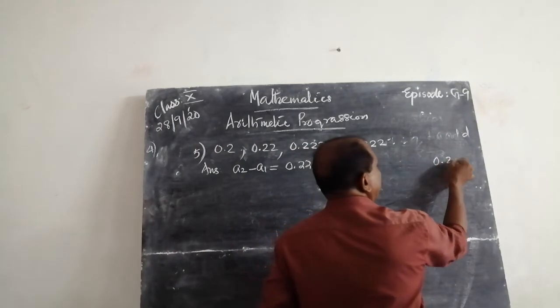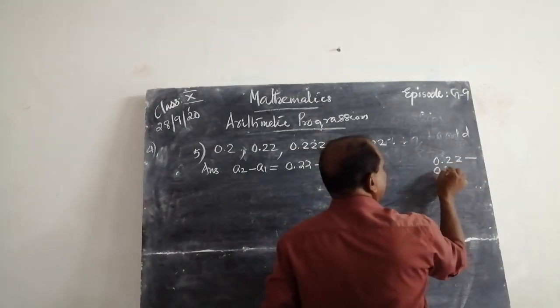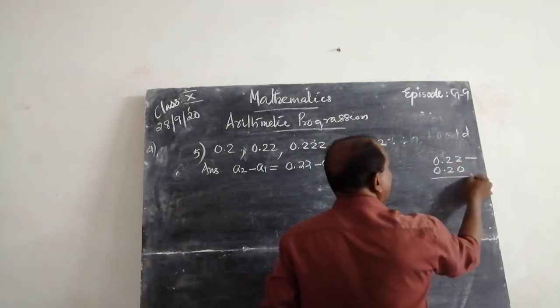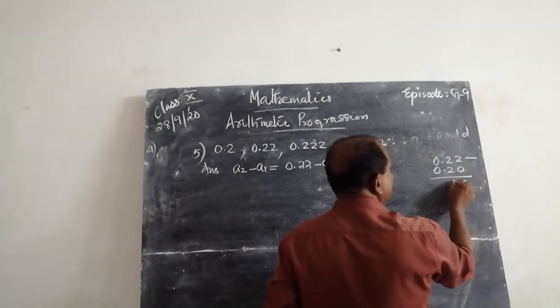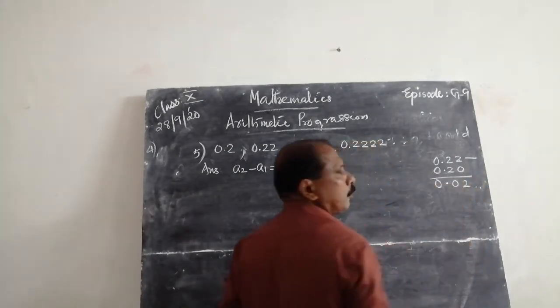That is 0.22 minus 0.20, subtracting, we get 0.02.